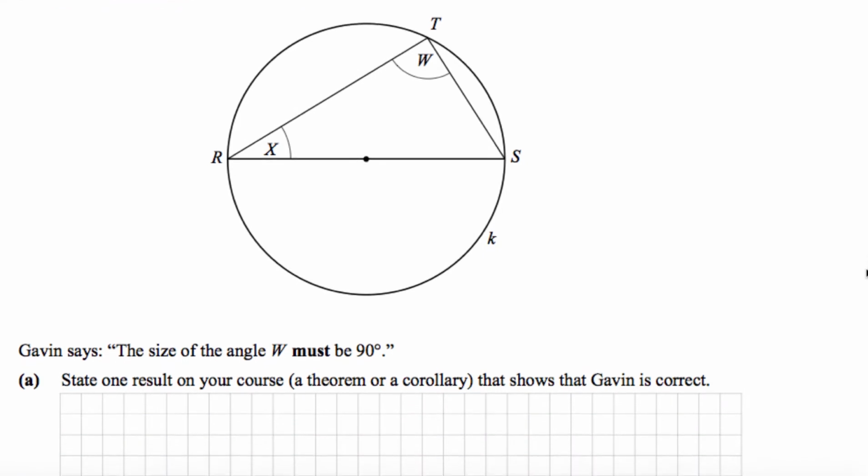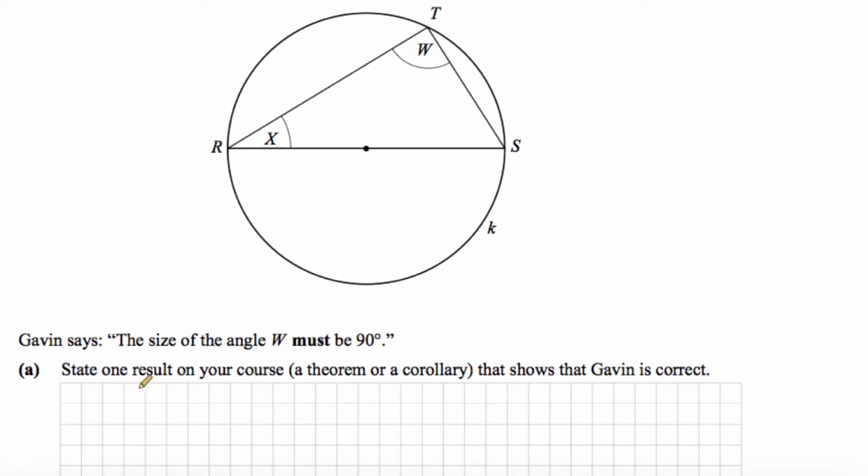Part A says, state one result on your course, a theorem or a corollary that shows that Gavin is correct. Okay, so what we're looking for here is either theorem 19 or corollary 3.